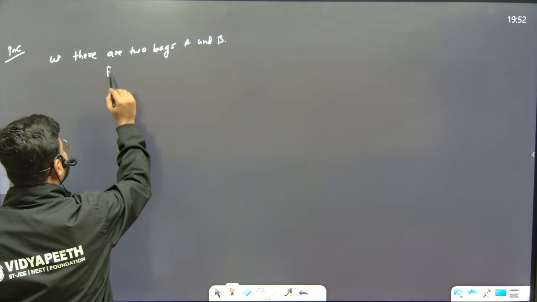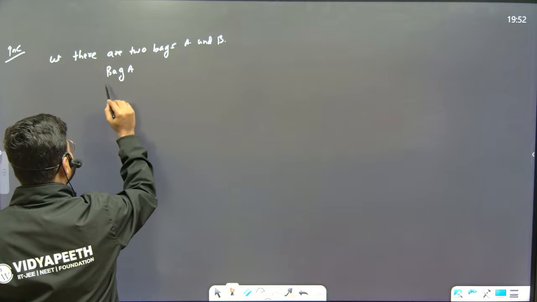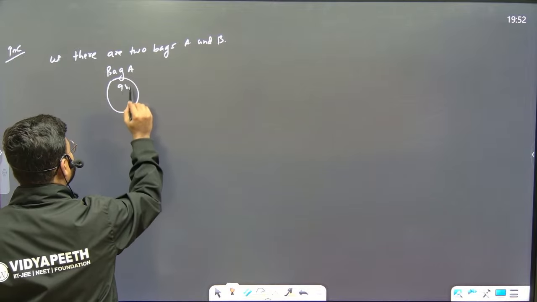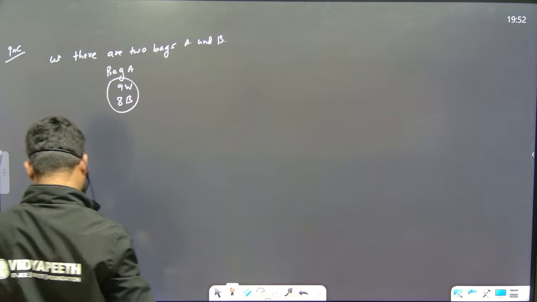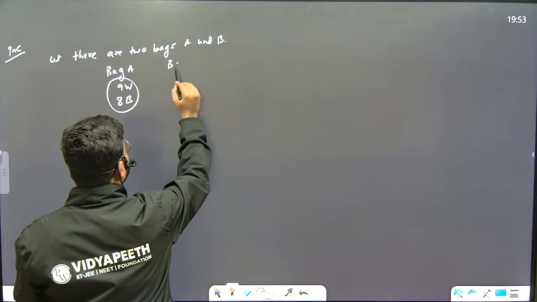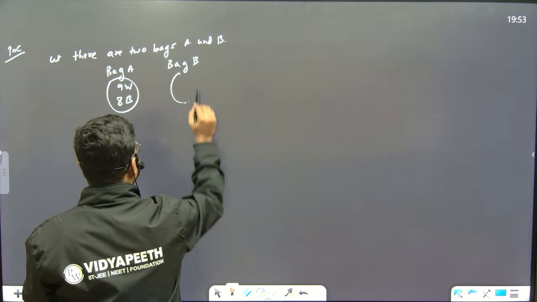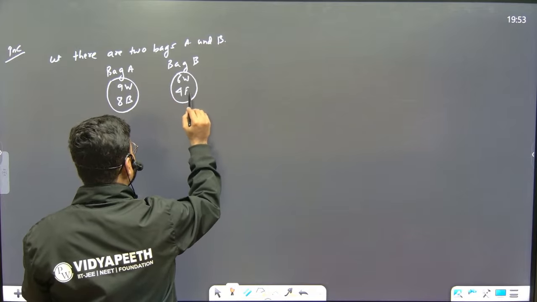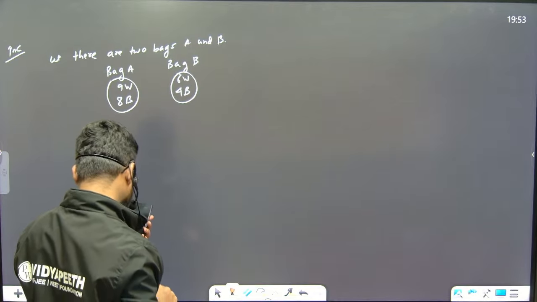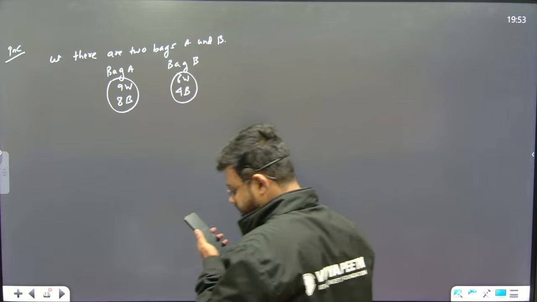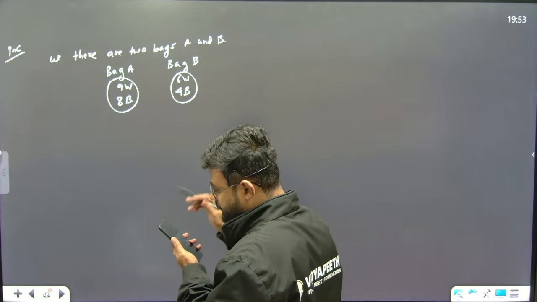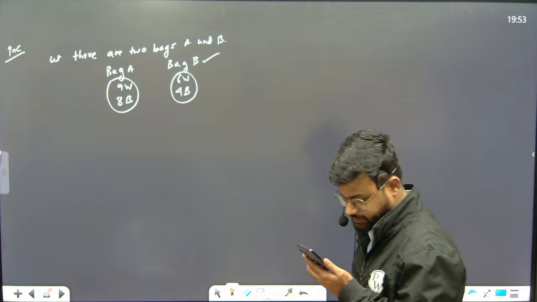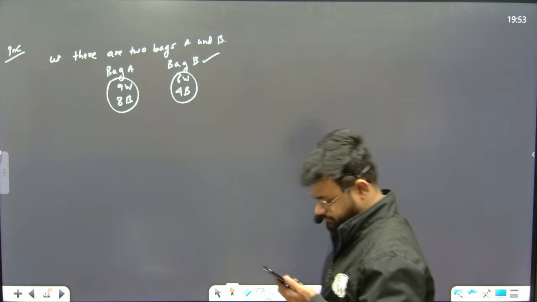Bag A contains 9 white and 8 black balls, and the second bag, bag B, contains 6 white and 4 black balls. From bag B, a ball is randomly selected and put into bag A, right?